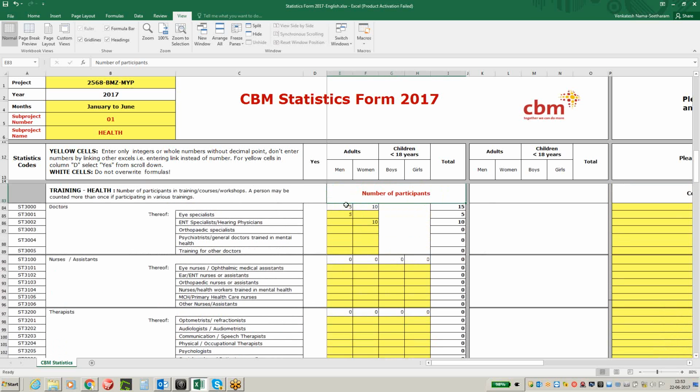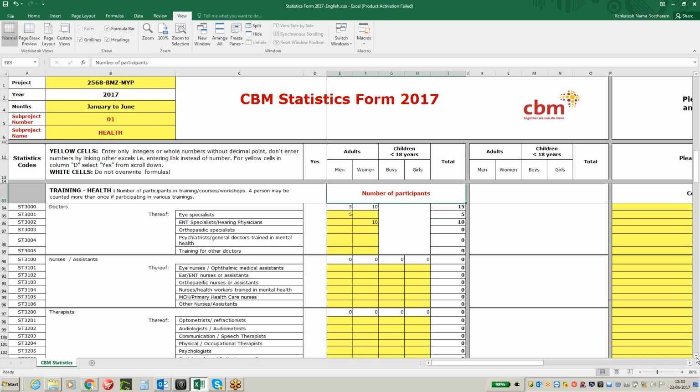The thing is, is it one training or is it 2 trainings? It's like a participant per training, and if the training goes the whole year, then it's one training. If it's a course in the first half and another course in the second half, the participant would be counted twice. But if it's one training for 1 year, then it's one.